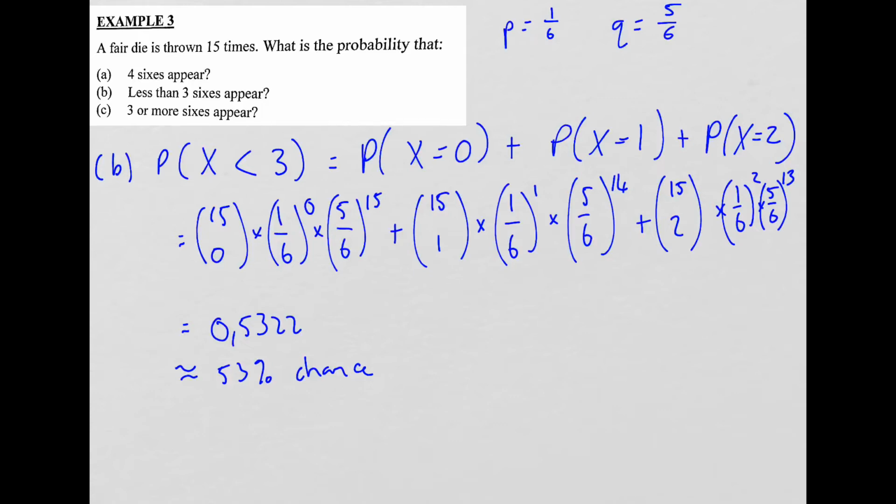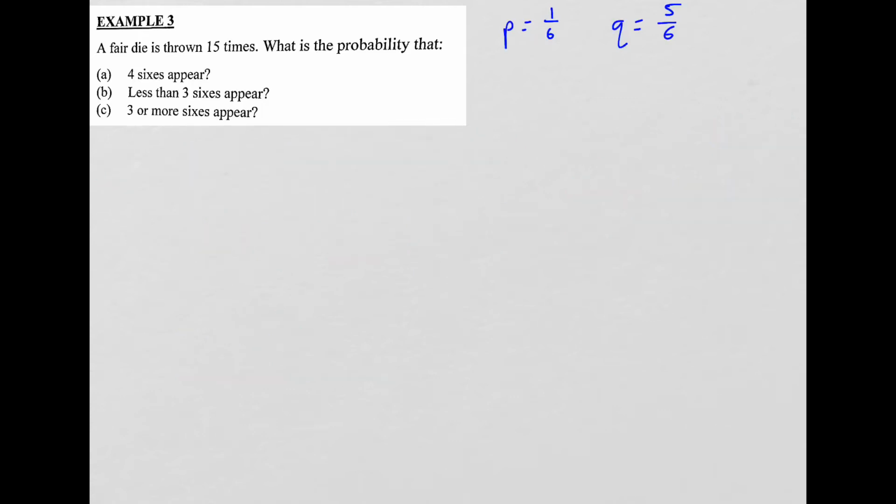Right, for question C, what is the probability that 3 or more 6s appear? So now what we're looking for is the probability that our random variable is greater than or equal to 3.